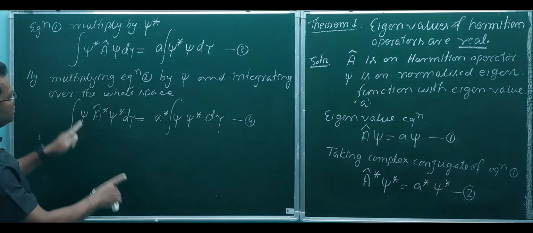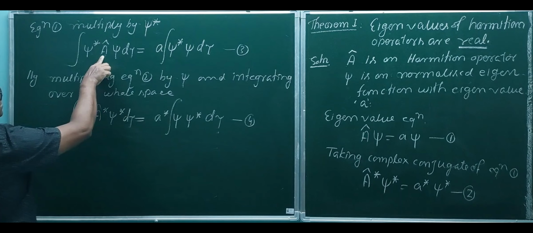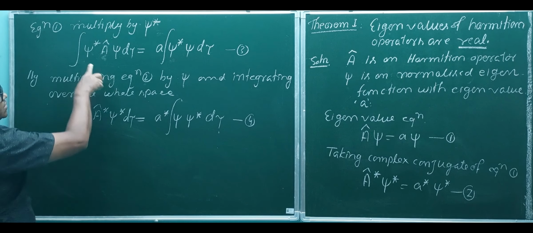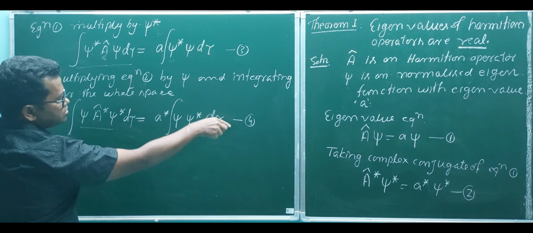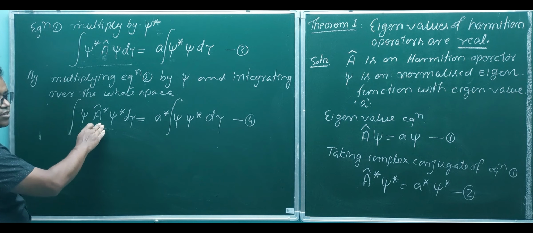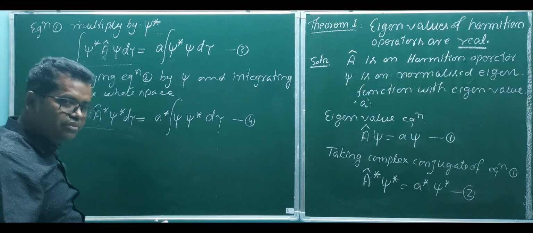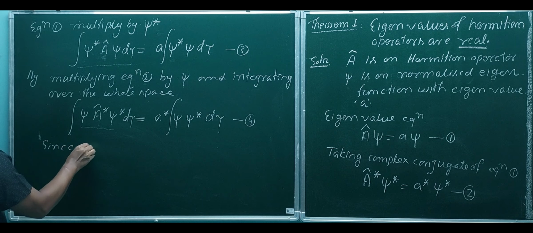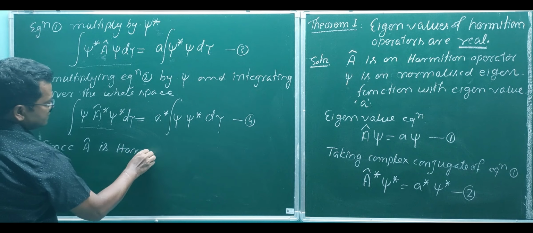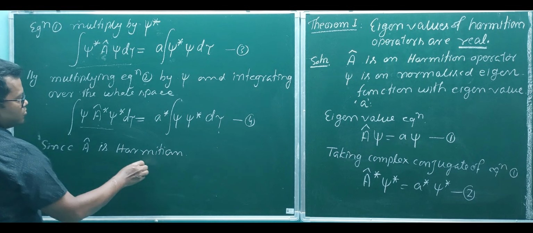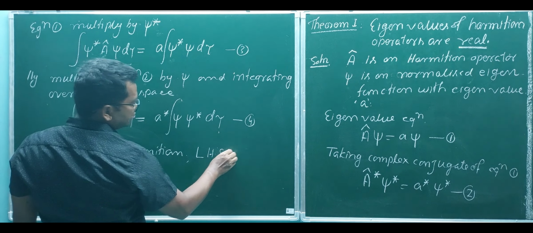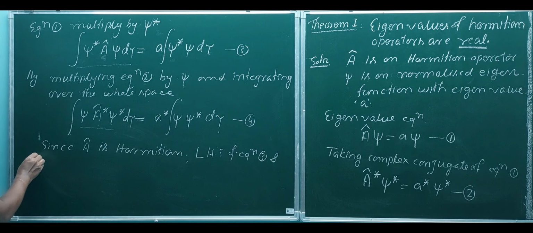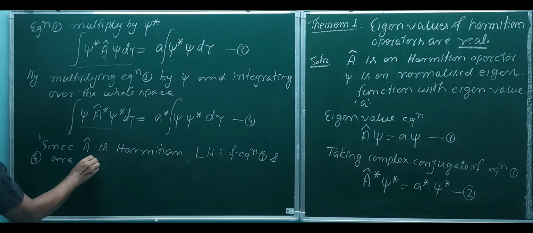Since the condition of a Hermitian operator is satisfied, the left-hand sides of equations 3 and 4 are equal. Here a is not necessarily real, but complex. Since A is Hermitian, the left-hand sides of equations 3 and 4 are equal, therefore the right-hand sides should be equal.